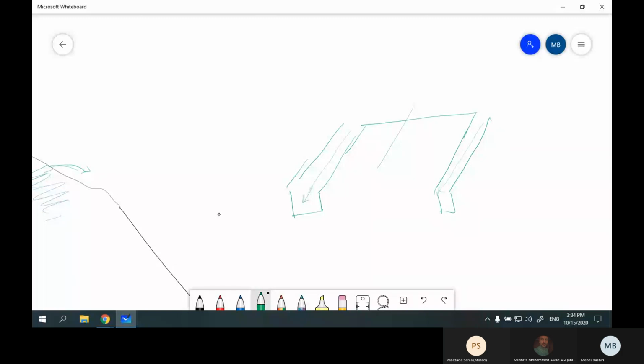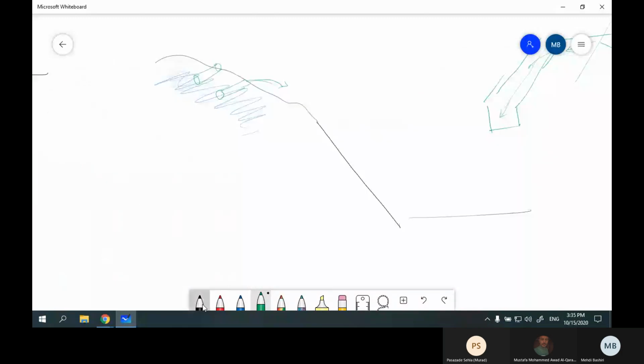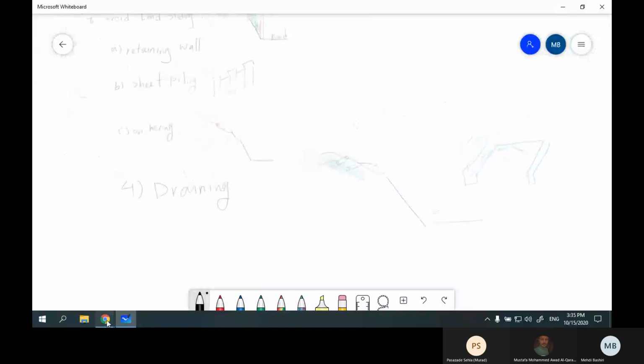This is a drainage system, and if we provide a reasonable slope along the street, the water would move to this draining system. Any problem? Any question about this part? Landsliding.